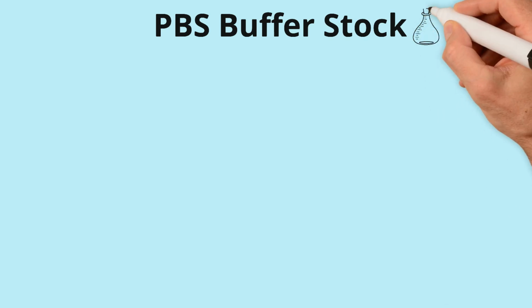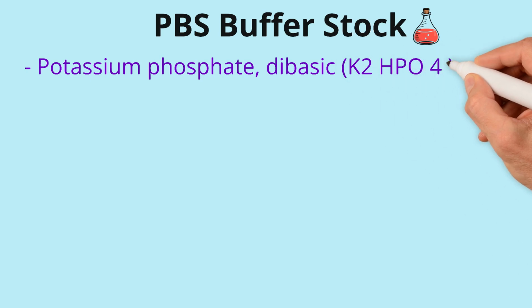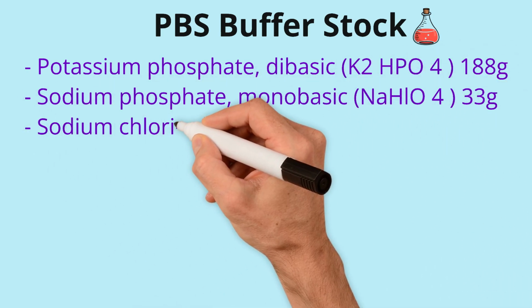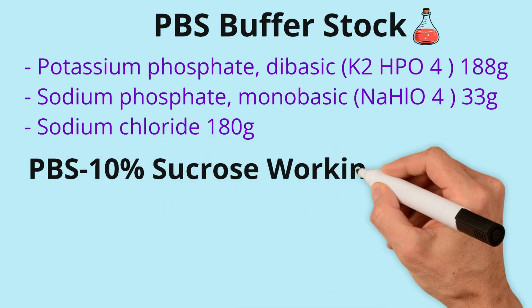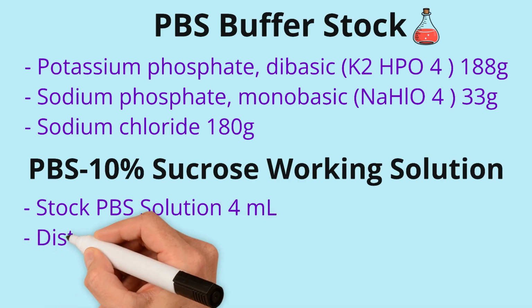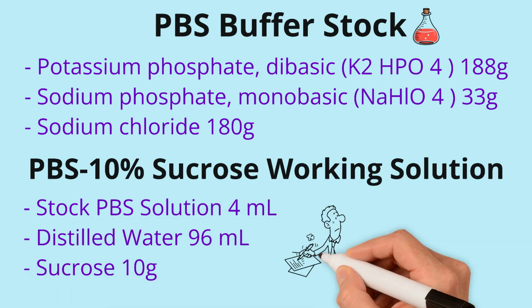To make PBS working solution, you would need first the stock solution that is composed of potassium phosphate dibasic, sodium phosphate monobasic, and sodium chloride. Then, to prepare the working solution, you would need the stock PBS solution, distilled water, and sucrose.